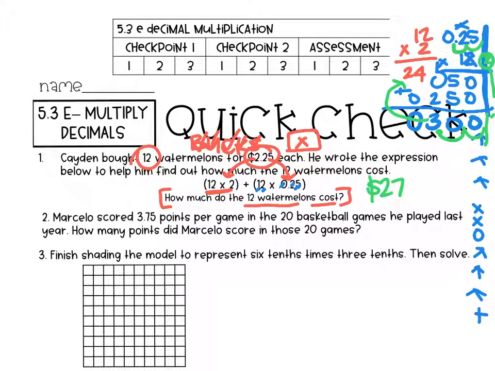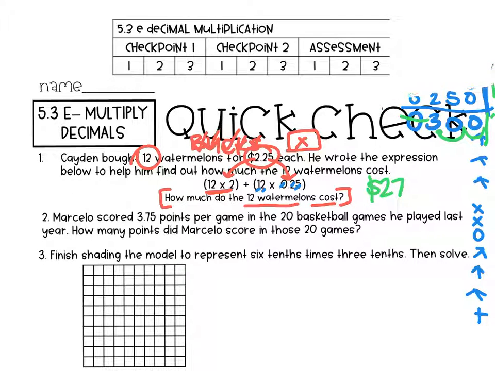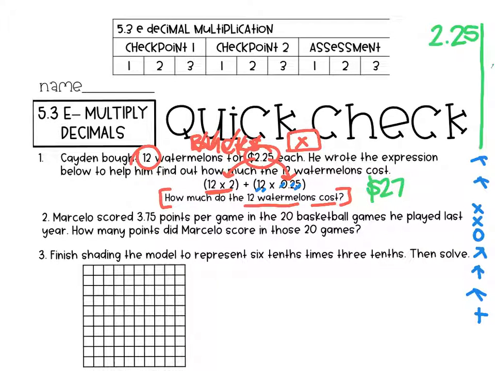So I'm going to go ahead and erase this, and I'm going to do it exactly how it's written. So I'm going to do $2.25 because that has the most digits, and I'm going to multiply that by 12.